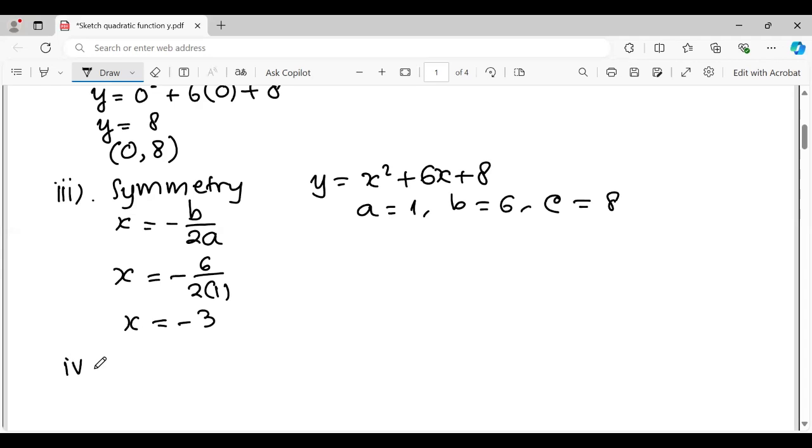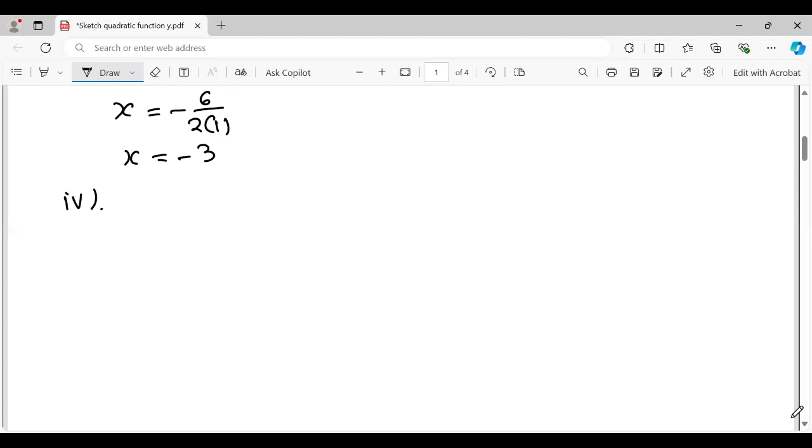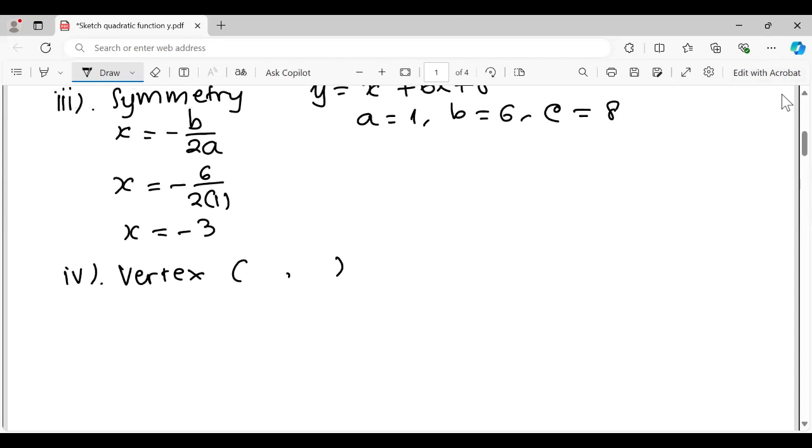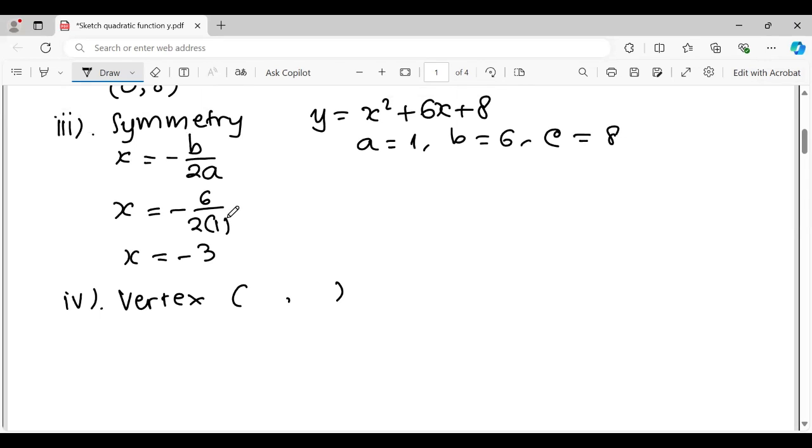And the next step is you're going to find the vertex. The vertex is a coordinate point. We need to find it now. The first value is minus 3, based on the symmetry. So substitute minus 3 for x here, and we're going to find how much y is.